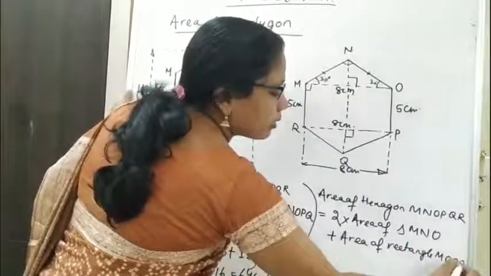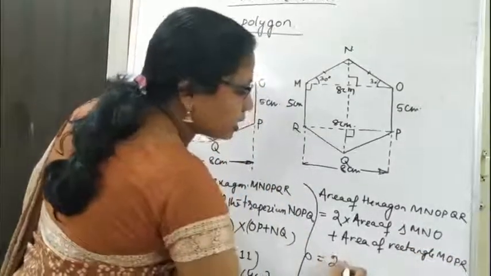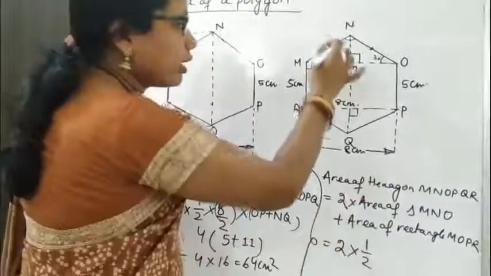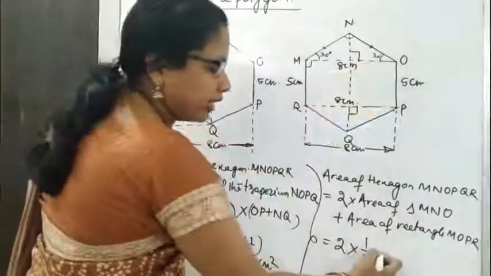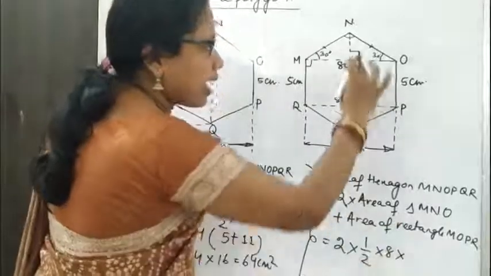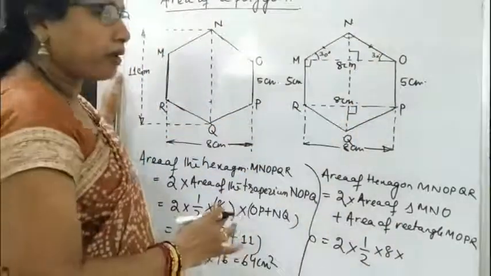That is twice of half into base 8 multiplied by height. How is the height found?